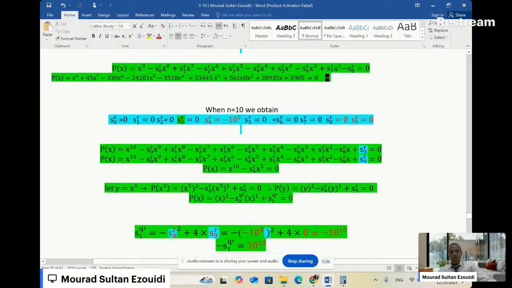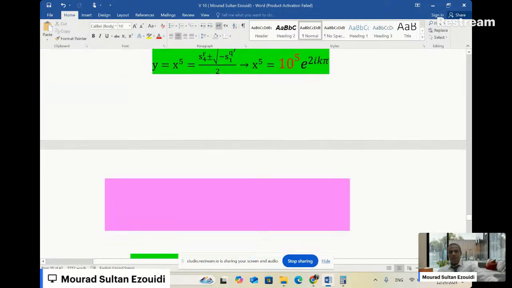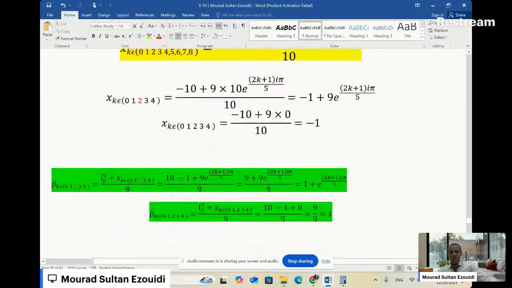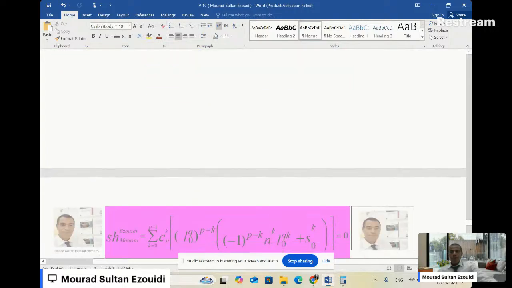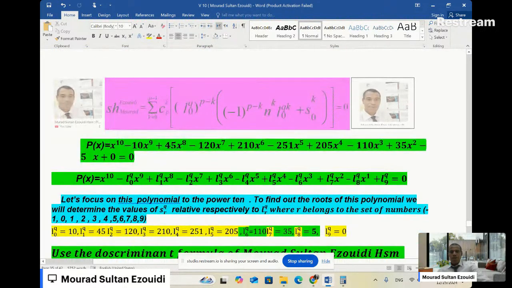Now my kids, if you want to extend this to a tenth-degree polynomial equation, I extend the nine-degree equation that I started with, and I showed that the roots are 1 plus exponential 2ki pi divided by 5, and x equal 1 is a root that has an order of multiplicity 5.